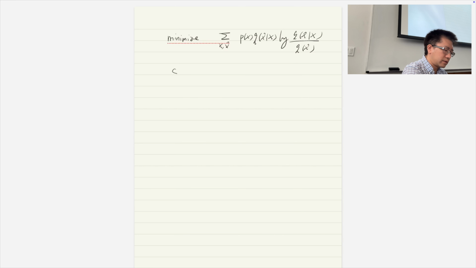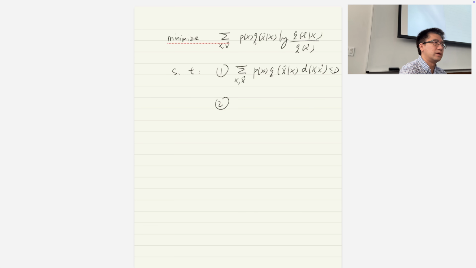Okay, and subject to, we have a few constraints here. The first constraint is the distortion constraint. The second constraint is what? It is the constraint here, right?